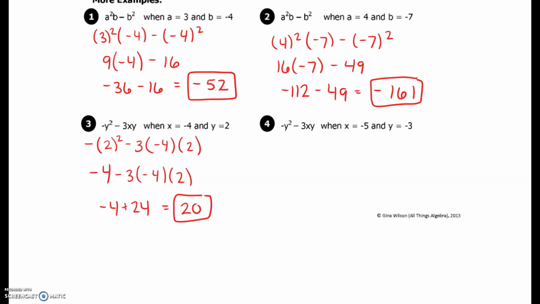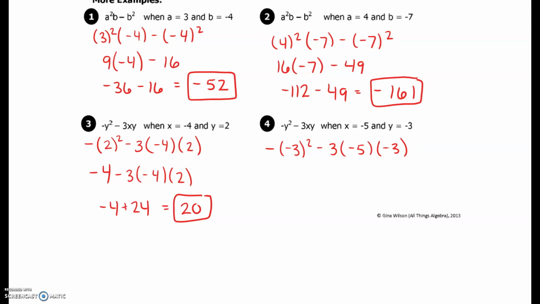Same idea on number 4. The negative is in the initial expression. I'm substituting a negative 3 for y and a negative 5 for the x value. The y value is negative 3. So follow the same process. We start with the exponents.